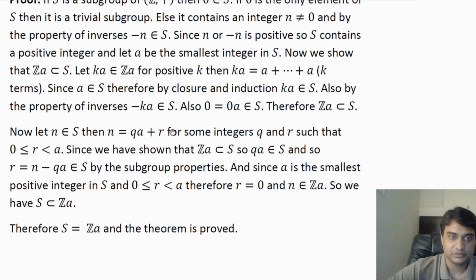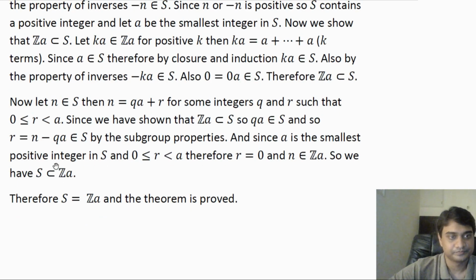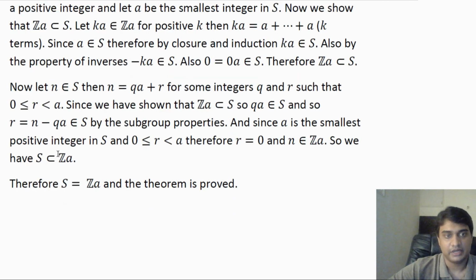So if n is an integer in S, we can write n as qa plus r for some integers q and r, such that 0 less than or equal to r less than a. And now since ZA is a subset of S, qa is in ZA, right?